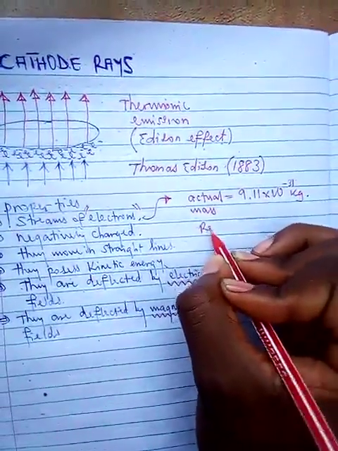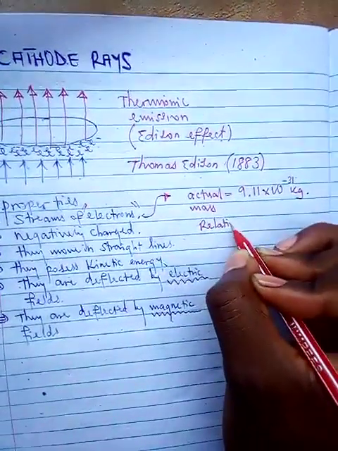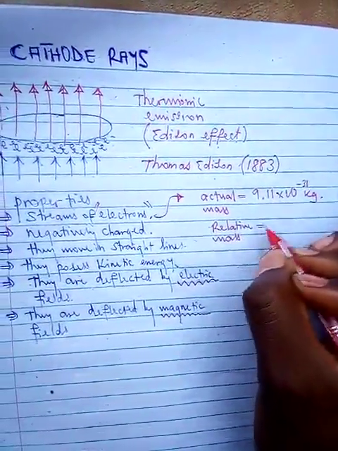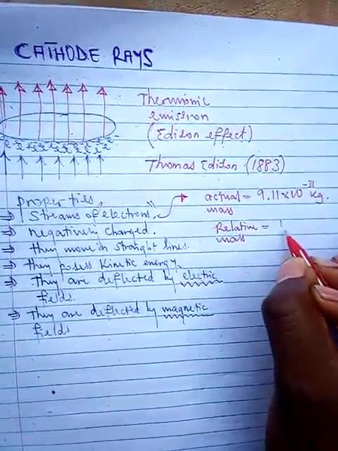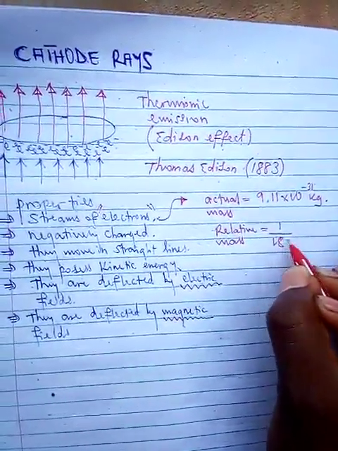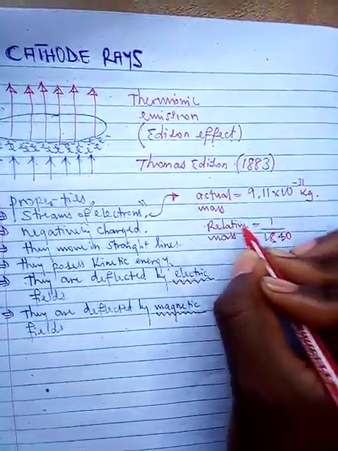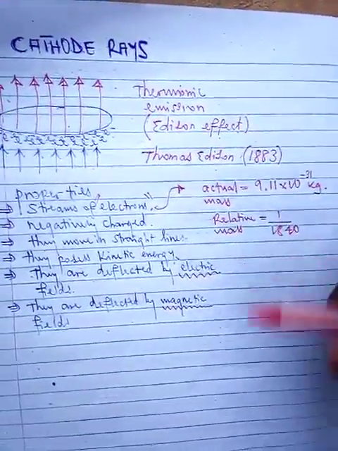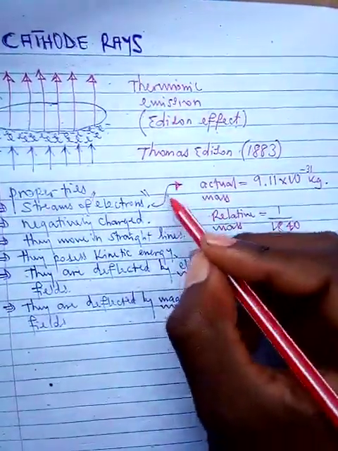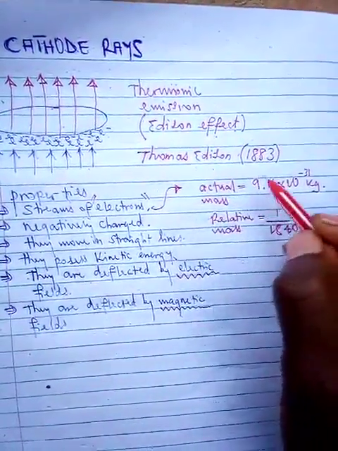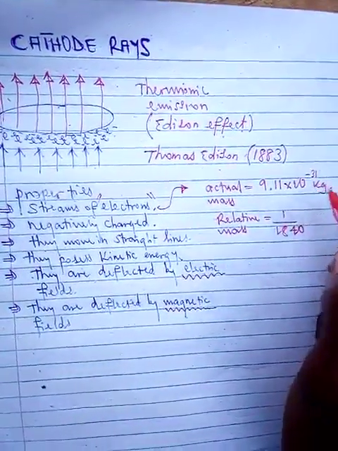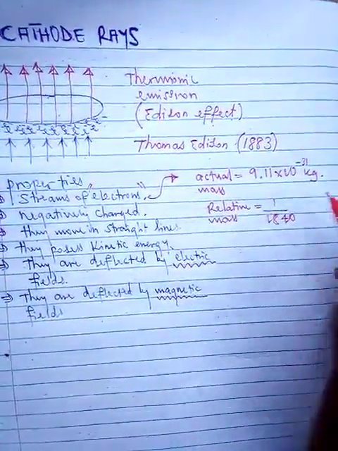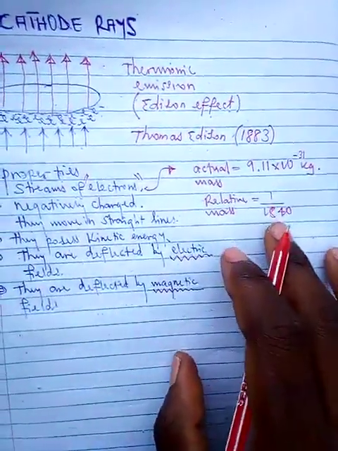The relative mass of an electron is just 1 over 1840. Don't forget this. There is a big difference between the actual mass and the relative mass. You will hear me explain this more in chemistry, but I just thought of putting it here. The actual mass of an electron is 9.11 times 10 to the power negative 31 kg, and its relative mass is 1 over 1840.